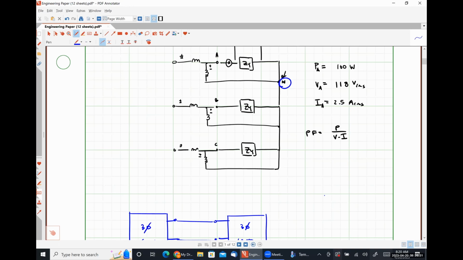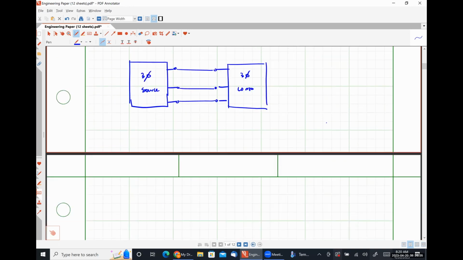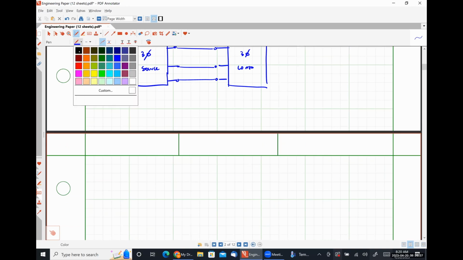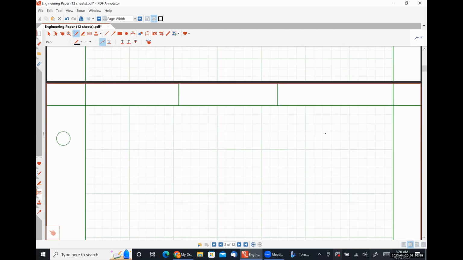So what if we had a delta connected system? Maybe things would be slightly easier for us, right? So if I had a delta system, draw this, giving myself enough room.